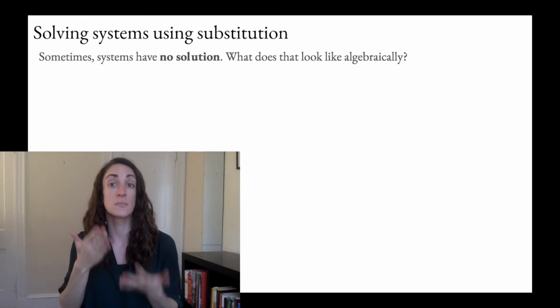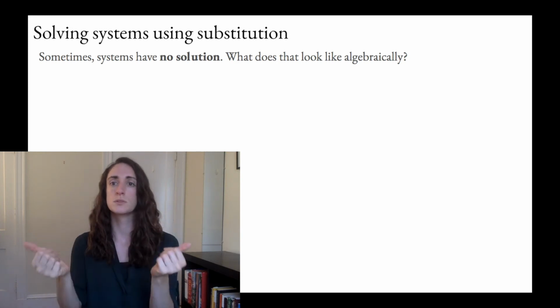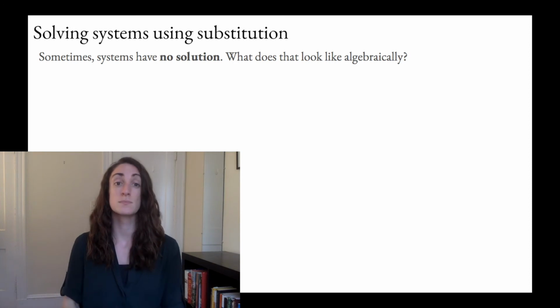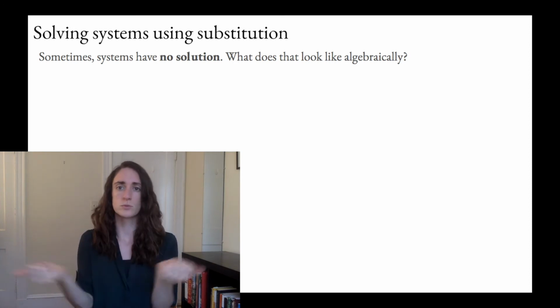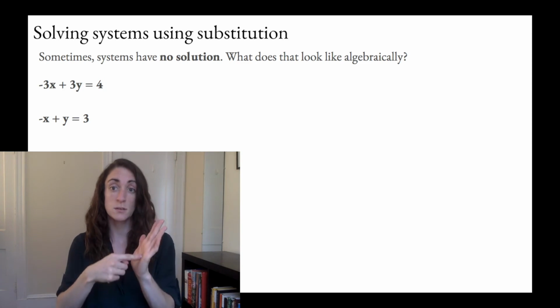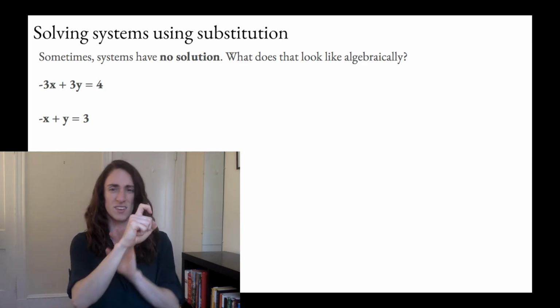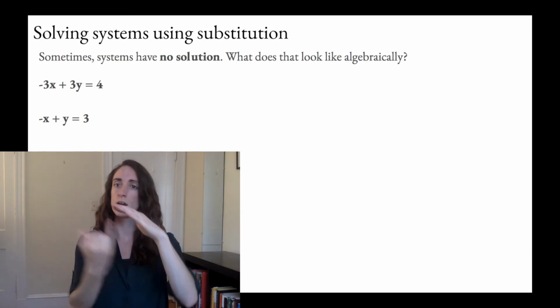You might remember from a previous video, some systems of linear equations have no solution. If the lines are parallel, they never intersect, and there's no point that satisfies both equations. So what would finding a result like that look like if we're using an algebraic method? So in this example, you might notice we have negative 3x, 3y, and negative x that are not alone, so they're not good candidates for substitution, but this variable y is already alone.